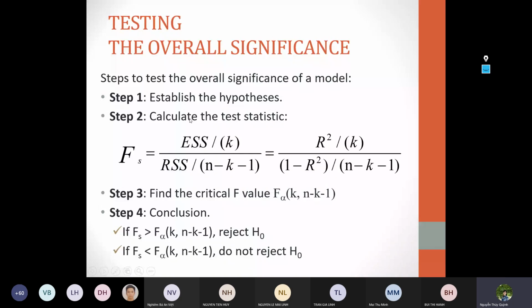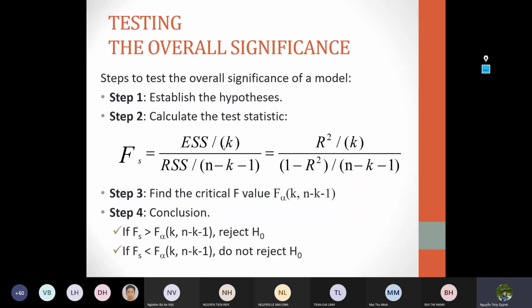Step two, you have to calculate the test statistic. But the test statistic here is not an observed t, it is an observed f value. It is proven that this statistic can test the null hypothesis. We will not go into detail how, we will just know that it helps us test the hypothesis.